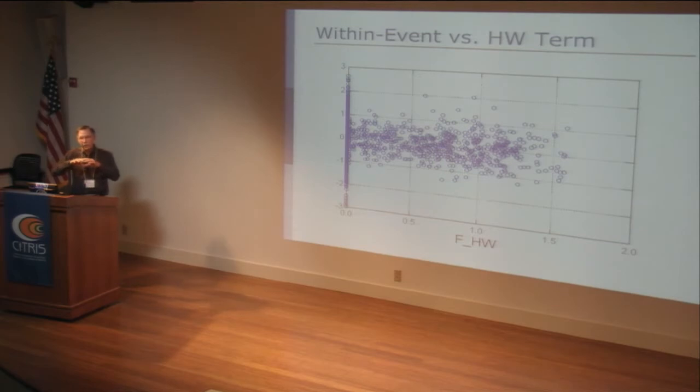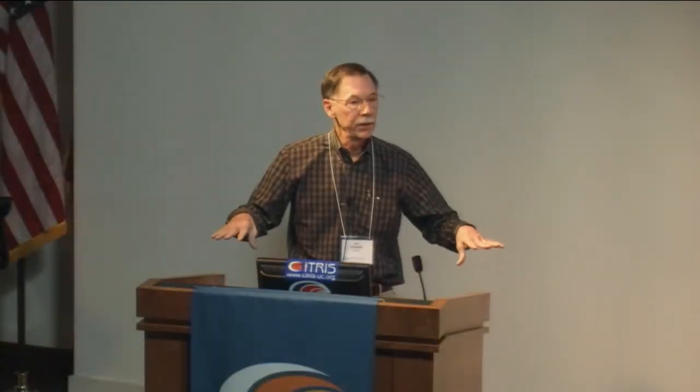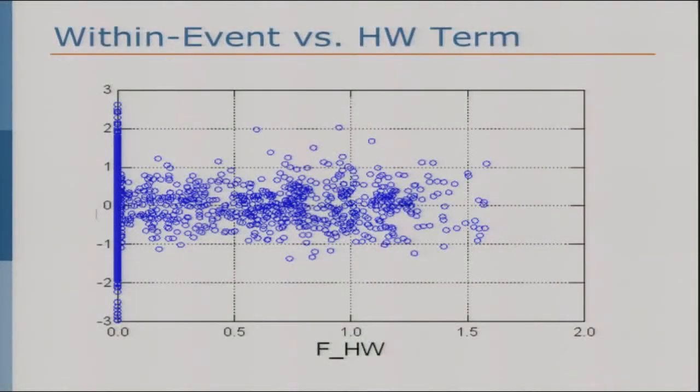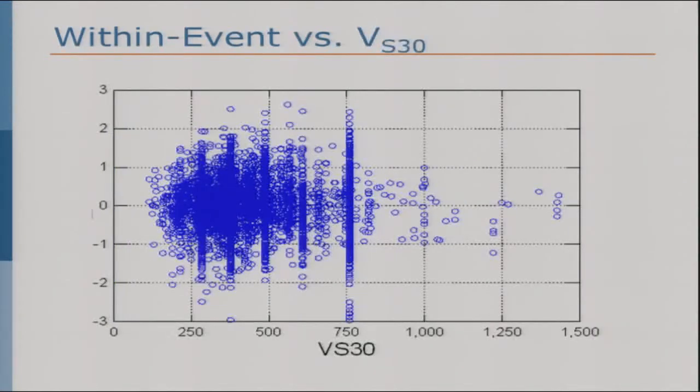The minute you get off the rupture plane, that hanging wall term gets knocked down by the distance taper. And so all those zeros that you see there are either way off the rupture plane or where the distance taper has just knocked them out. But you can see where they haven't been knocked out, there's a nice trend.